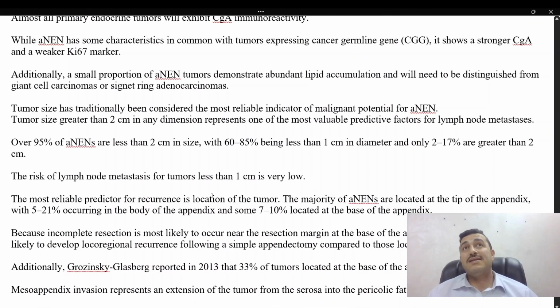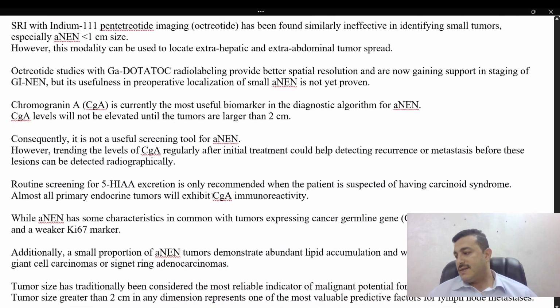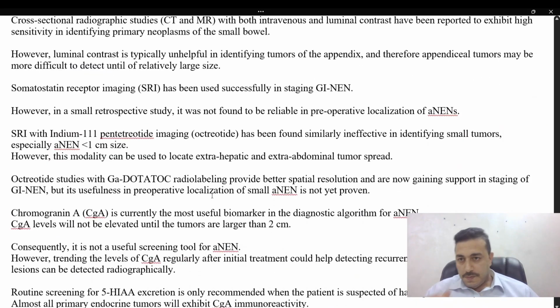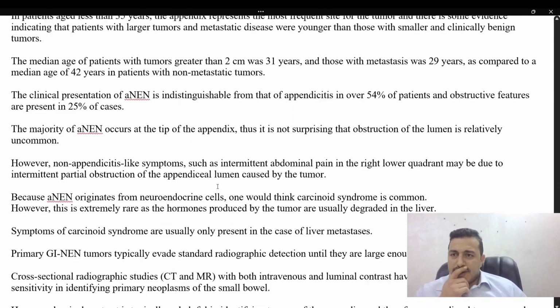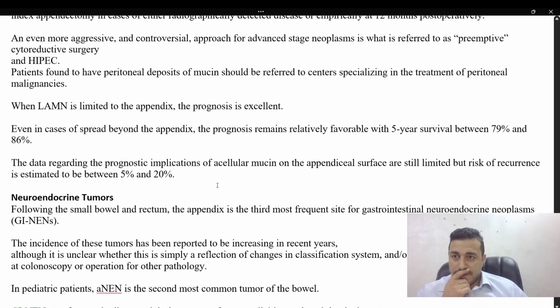Octreotide scan helps us in identifying the extra-intestinal location. Chromogranin A, we said it can help us in diagnosis, and also in the surveillance to see the trend post-op, if there is recurrence post-op. So it is helpful. Okay, let's review what we didn't say about carcinoid syndrome.